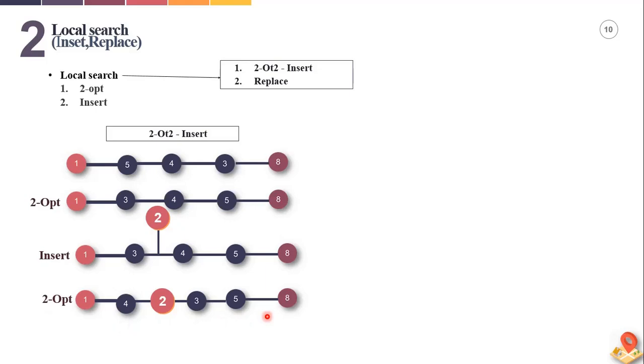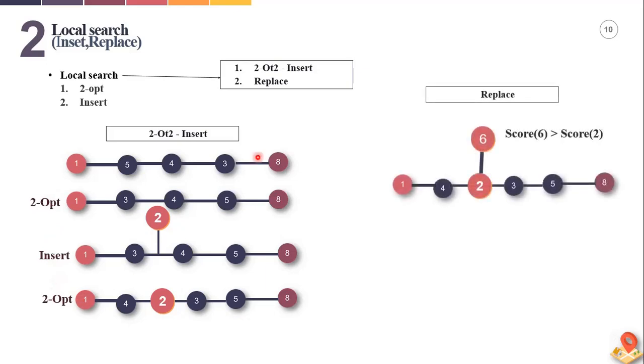This method continues and is stopped when there is no progress. Replace tries to replace a vertex in the current route with an unvisited vertex having a greater score. To decrease the computation time, replace is applied only to the best route of each iteration.